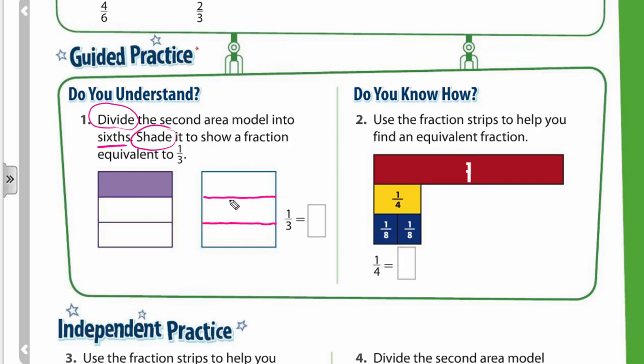Let's divide it. How can we make this 6? Yes. If we divide them with a vertical line like this, so now we have 1, 2, 3, 4, 5, 6. Okay, we need to shade an equivalent fraction to 1/3. So, how many sectors should we shade?